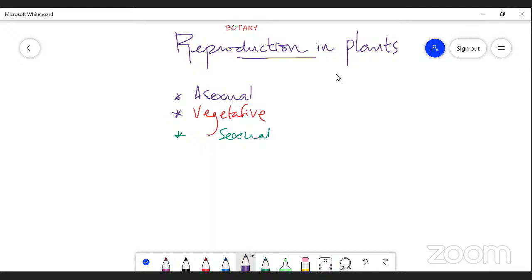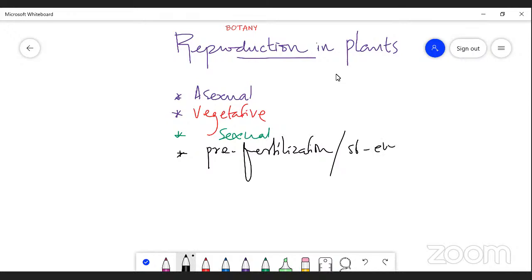And the fourth one is pre-fertilization structure and events. The next topic is fertilization.